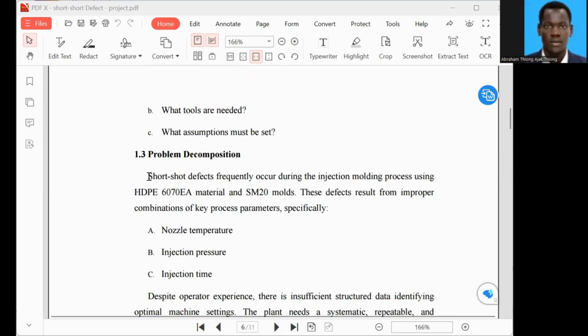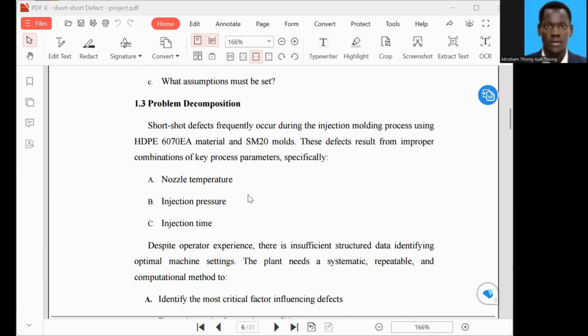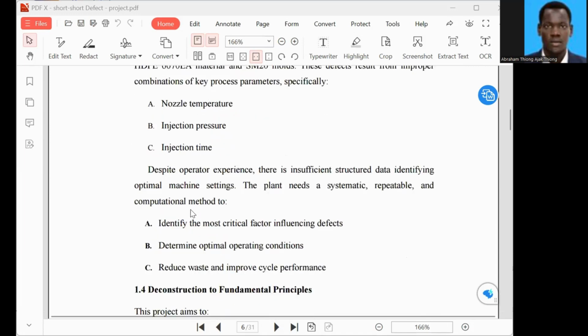In problem decomposition, we have decomposed the problem into three parameter combinations: nozzle temperature, injection pressure, and injection time. Despite the operator experience, there is insufficient structured data analysis identifying optimal machine settings.